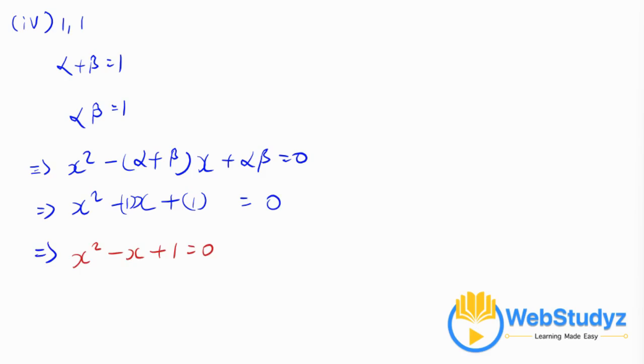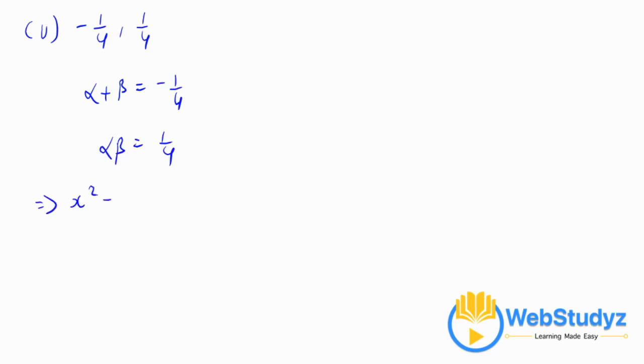Move on to the fifth one. In the fifth, we have the sum of roots as -1/4 and the product of roots as 1/4. So the sum of roots alpha plus beta will be -1/4 and alpha beta will be 1/4. And the quadratic equation is x square minus (alpha plus beta) into x plus alpha beta equals 0.